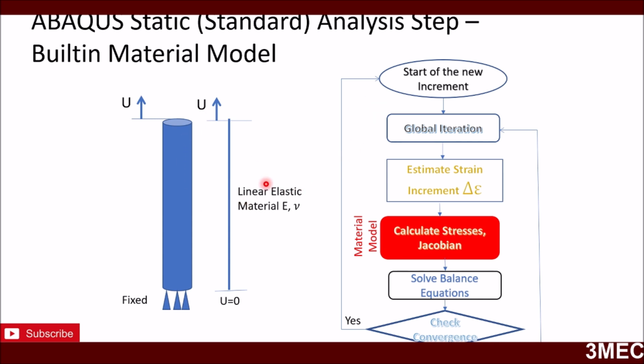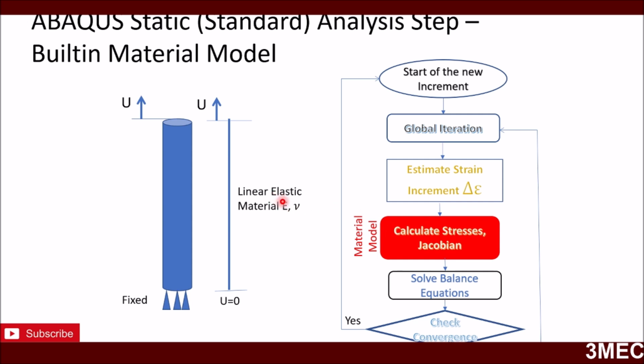Okay, so how does it work? You mesh the part, and you have defined the material properties which are linear elastic isotropic properties. Based on the boundary condition, it will estimate a strain increment, which is change in displacement or change in the length over the original length. Based on the total time and time increment size you are using, it will compute the increment in the strain depending on the increment of the displacement, and then it will take it to the material model which you have defined as a built-in model in ABAQUS.